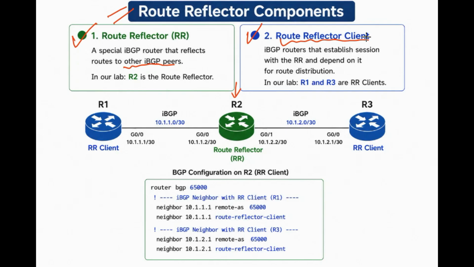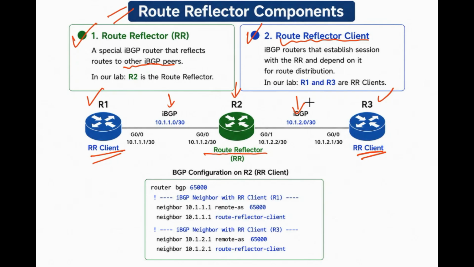In our topology, R1 and R3 both are route reflector clients. So we have R1 as a route reflector client, R2 as a route reflector, and R3 as a route reflector client. R1 has an iBGP session with R2. R3 is also having an iBGP session with R2.